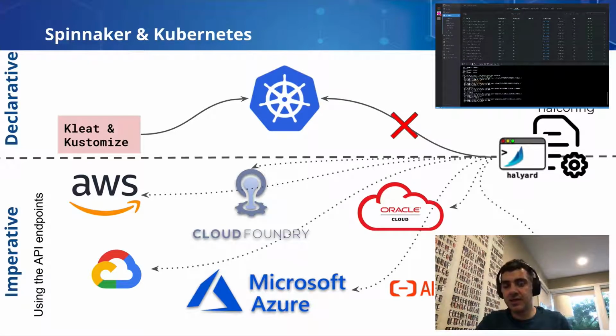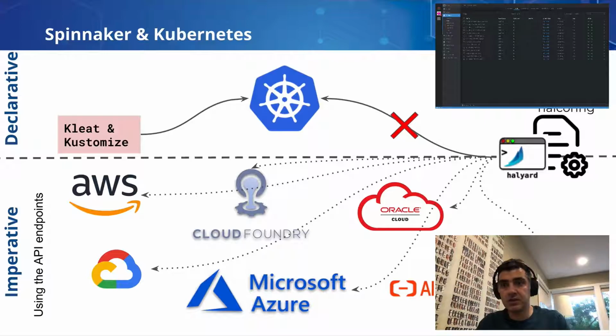So by that, basically what you can do is define the configurations for your Spinnaker microservices and combine them with a bunch of templates, overlays, and a structure that Kustomize enforces on your deployment, and then use the existing Kubernetes toolchain to deploy Spinnaker.